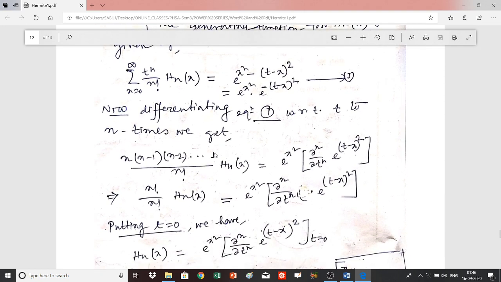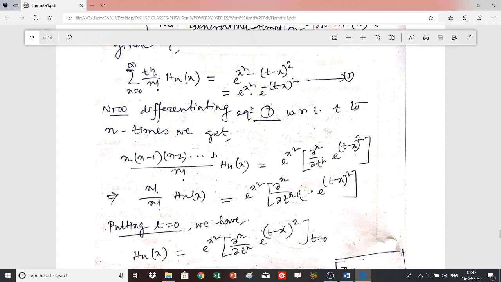That means I have to differentiate this equation n times with respect to t. From the first term, for first order differentiation, you will have n into t to the power n minus 1 and all the other terms.